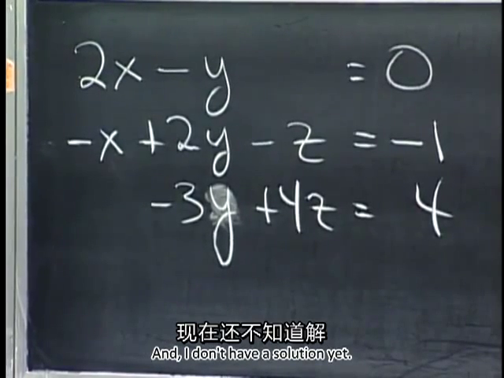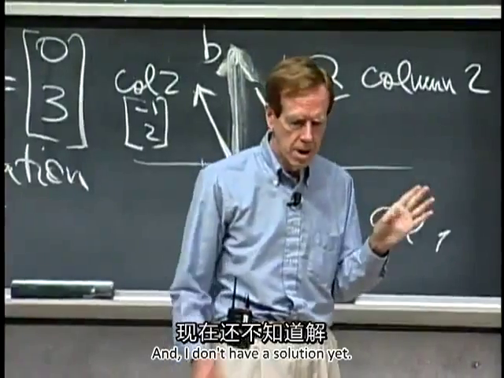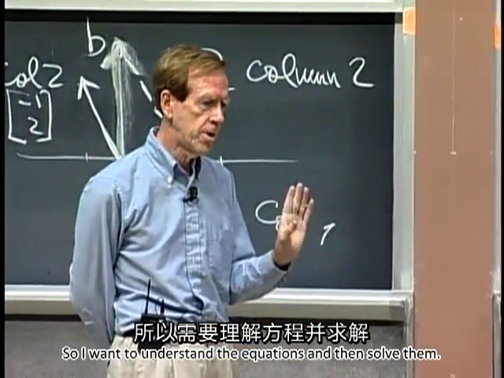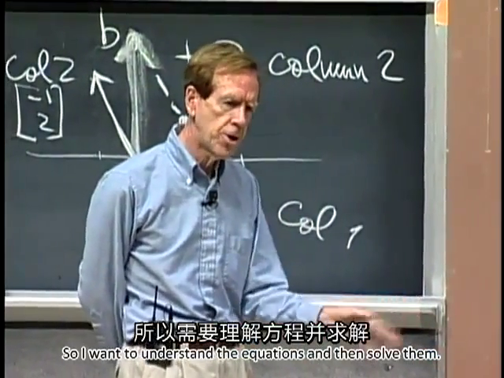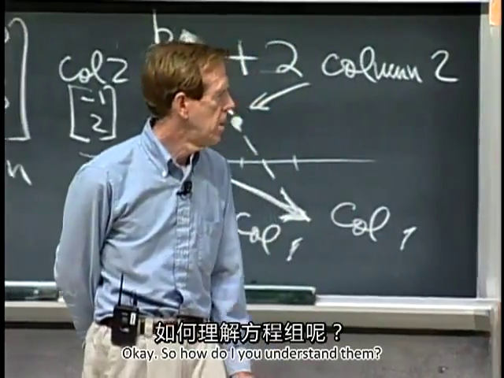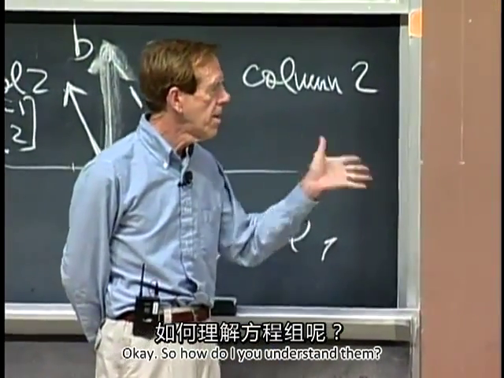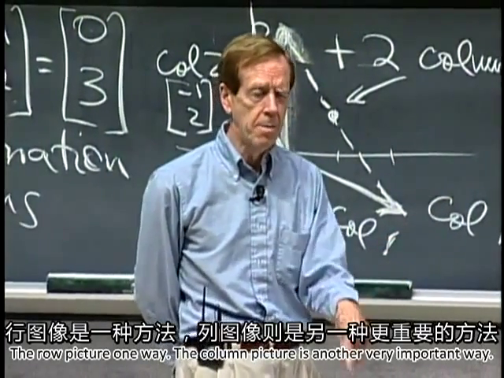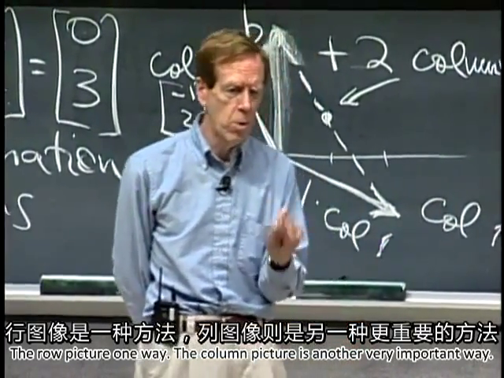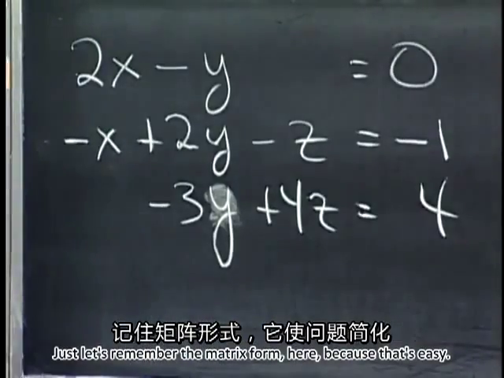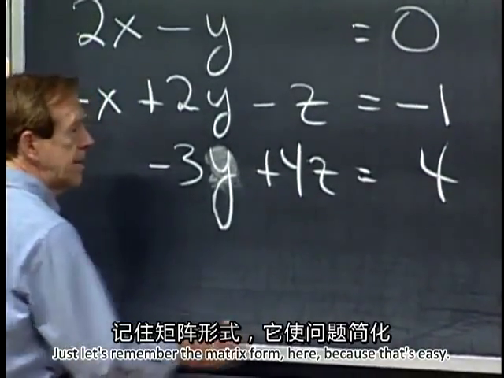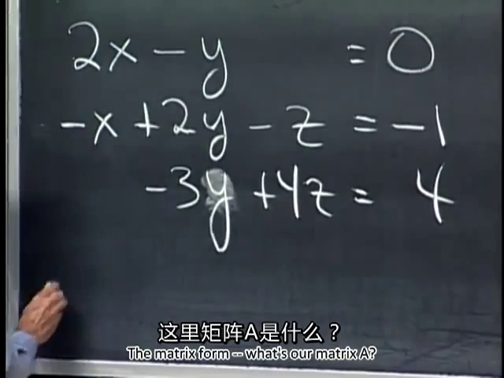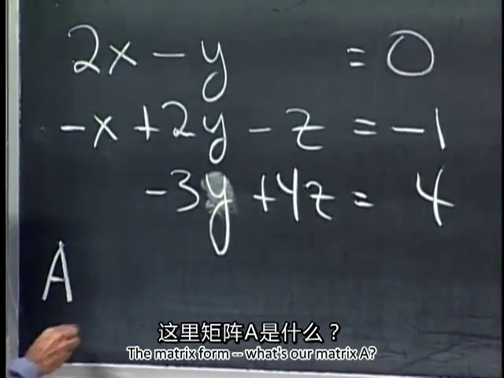And I don't have a solution yet. So I want to understand the equations and then solve them. So how do you understand them? The row picture is one way. The column picture is another very important way. Let's remember the matrix form here, because that's easy. What's our matrix A?